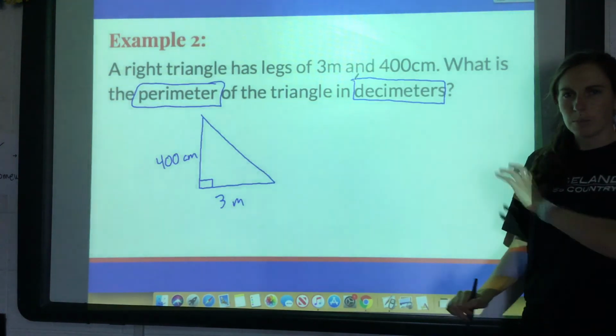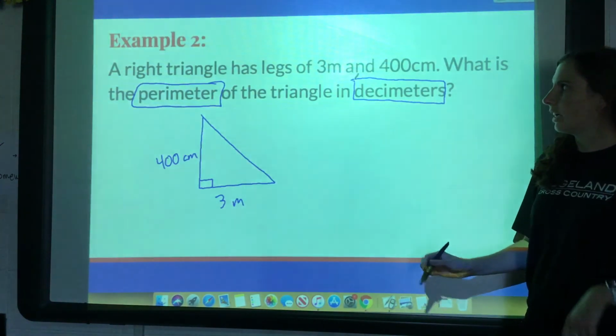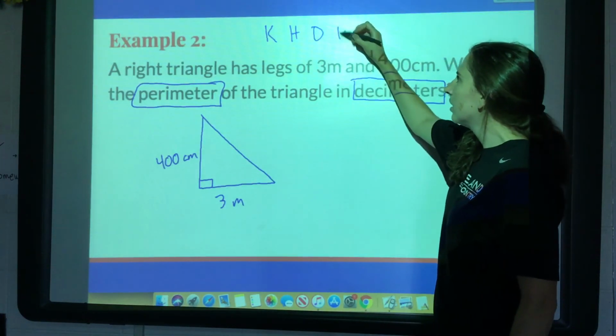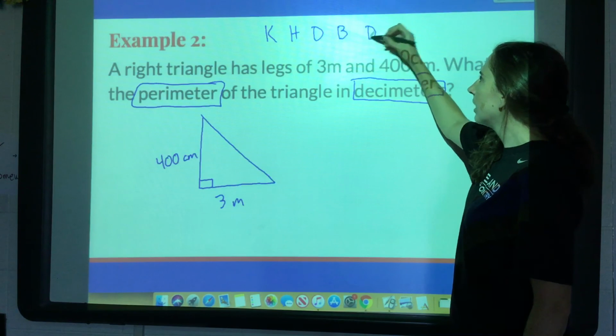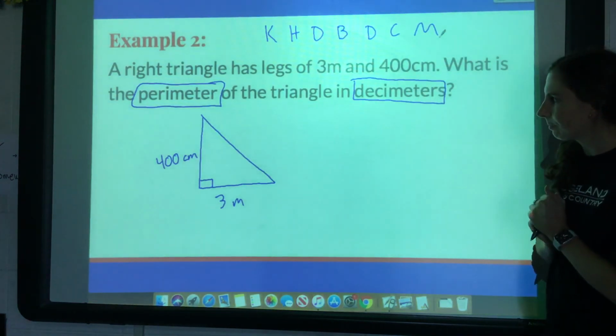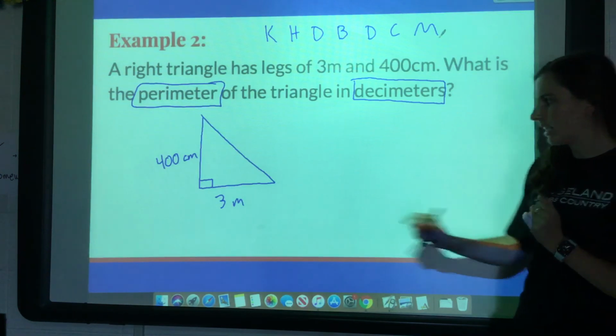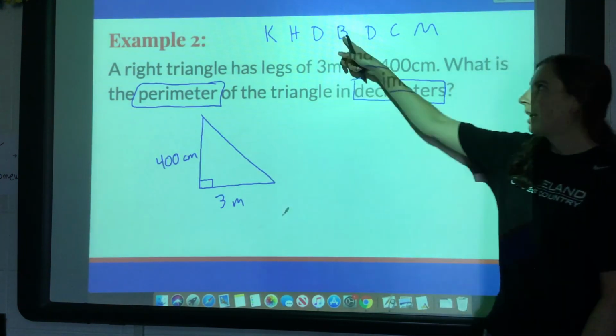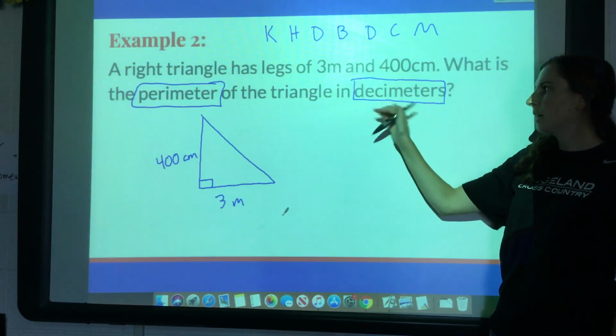This is already getting complicated with the metric system, so I'm going to go ahead and write down King Henry died by drinking chocolate milk in case I need that. All right, I'm going to go ahead and turn these into decimeters. This is a meter, which is the base unit. Deci, by the way, is this one.